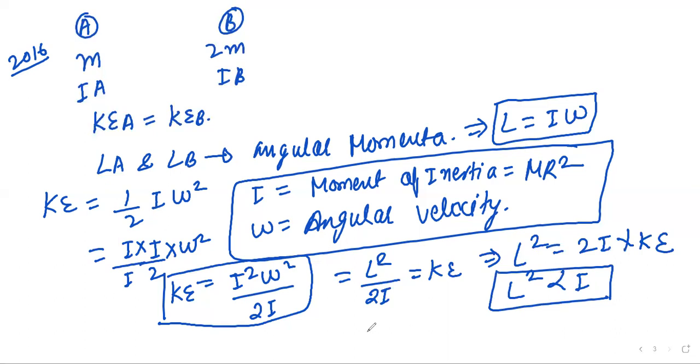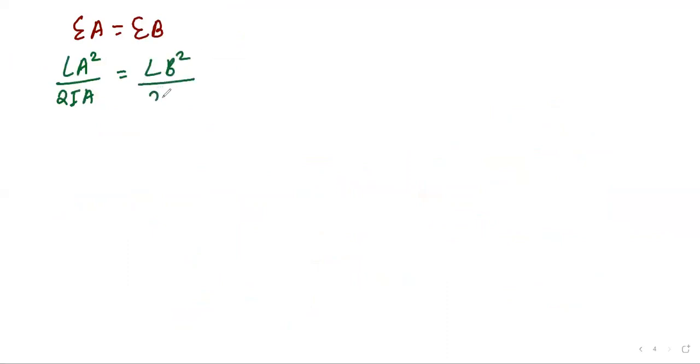As we know, EA is equal to EB, right? Energy of them is given, that is equal. So you can put here LA square upon 2IA is equal to LB square upon 2IB. As we know, IB is greater than IA.